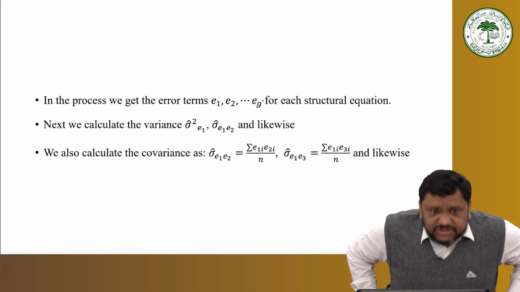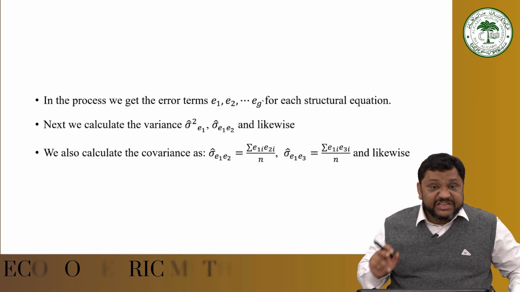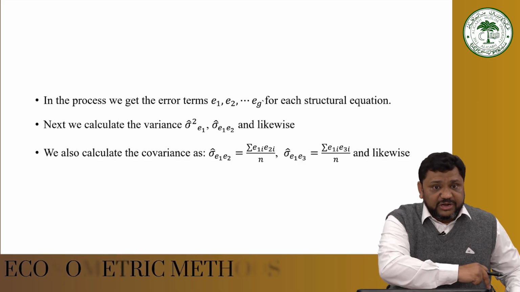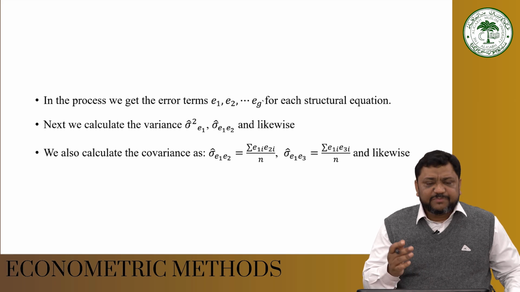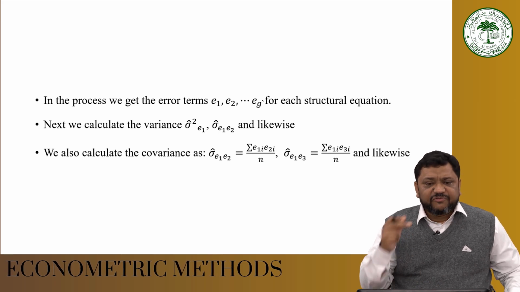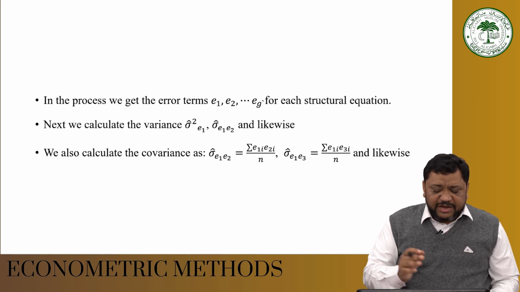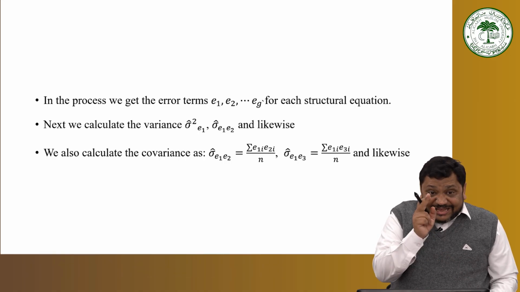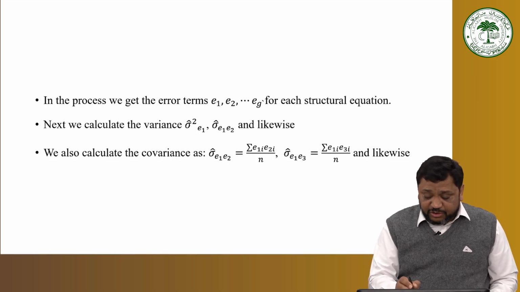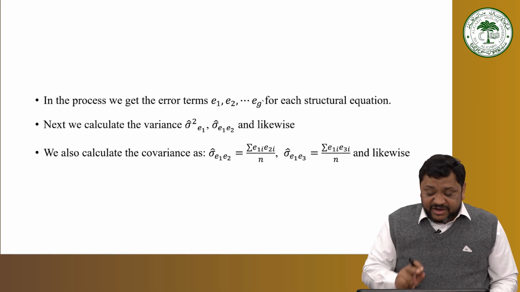So in the process we get the error terms E1, E2 extending up till Ej for the structural equations. Next we calculate the variance, that is sigma square E1, sigma square E2 and likewise, and the covariance, that is sigma hat E1, E2 equal to summation E1i multiplied by E2i divided by n.